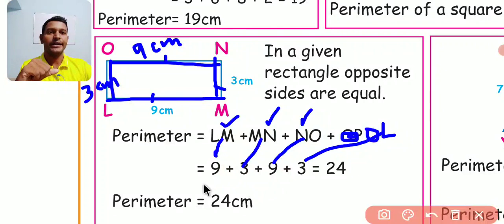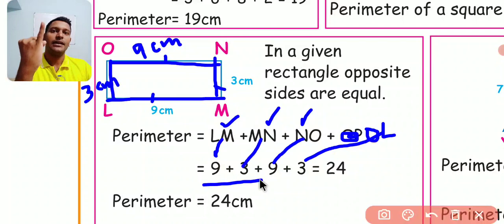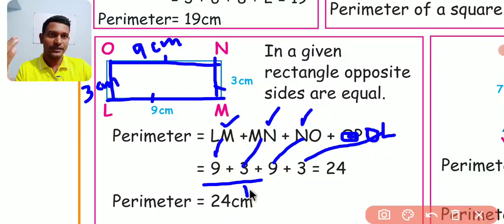First I am going to add 9 plus 3. I keep 9 in my mind. Now I am going to count 3 using my fingers. What is the next number to 9? 10, 11, 12. Where do I end? 12. Okay, 9 plus 3 is 12. Next, 12 plus 9. I keep 12 in my mind. Now I am going to count 9.